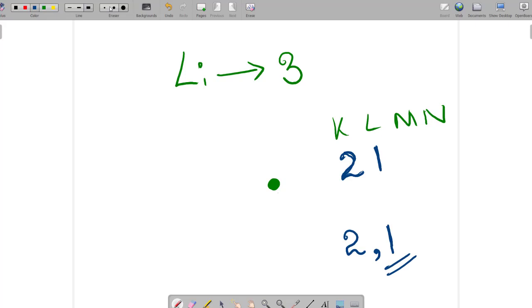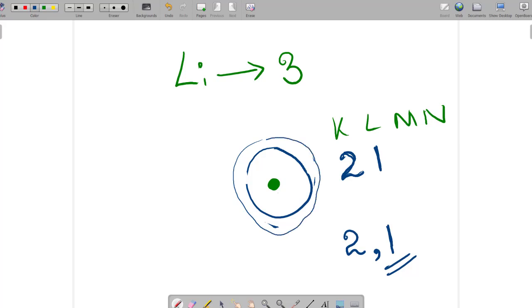So how are we going to draw that quickly? This is the first shell, which is K, and this is the second shell, which is L, right? Okay, so we will draw it nicely. L is a higher energy level than K. Okay, right?